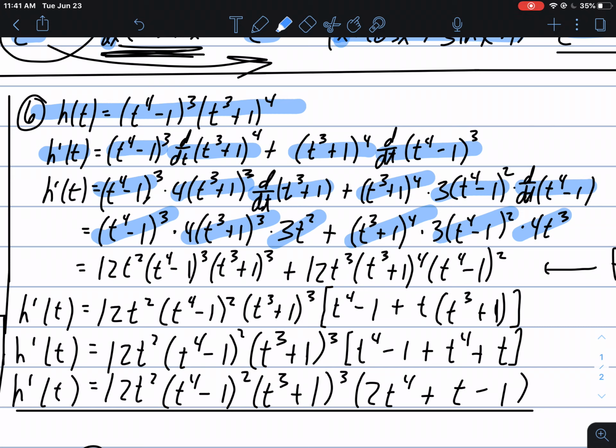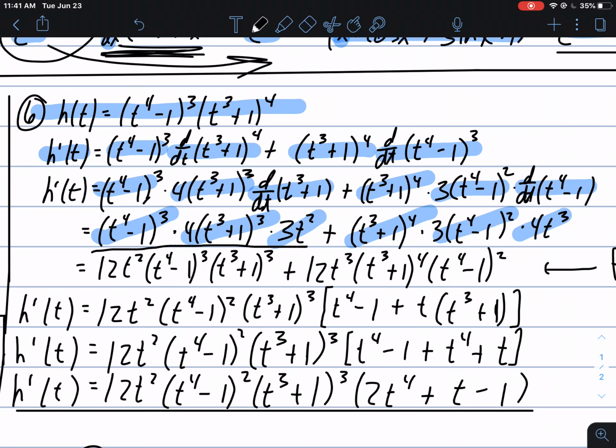So now it's going to be all about first cleaning it up and then rewriting and seeing what we can do with that. So I want to show you something with this one. First of all, I'm just cleaning things up in this first part, in that front half, that first big term. I've got 3 times 4 is 12, and I went ahead and brought the t squared to the front.